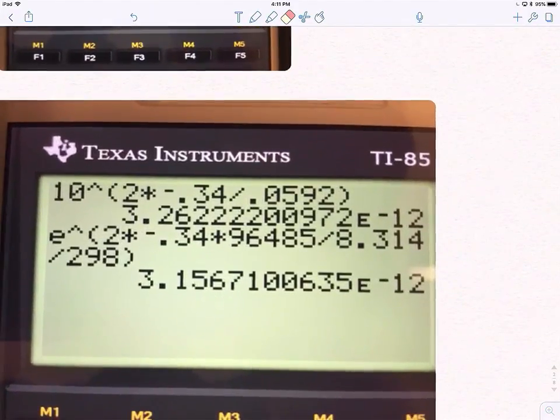If you look at these two numbers here, this one is using the log base 10, and you get 3.26 times 10 to the minus 12.